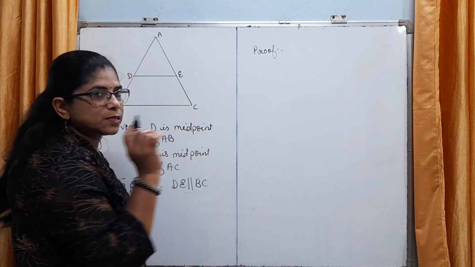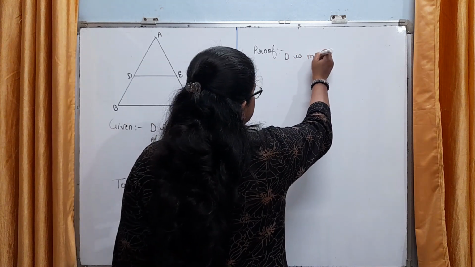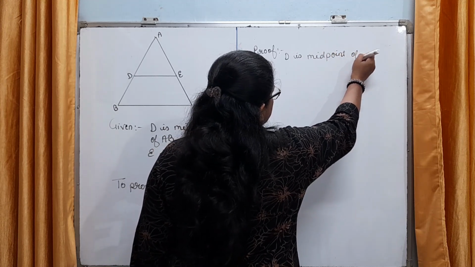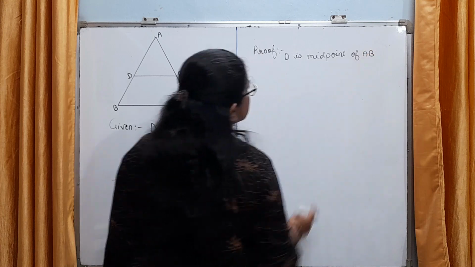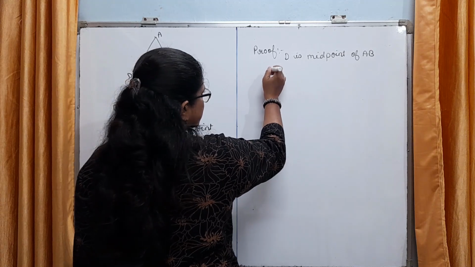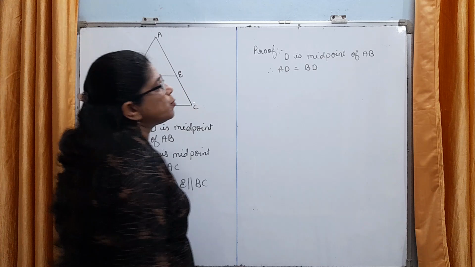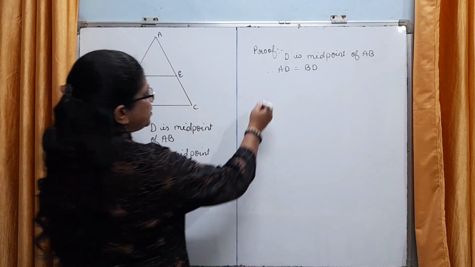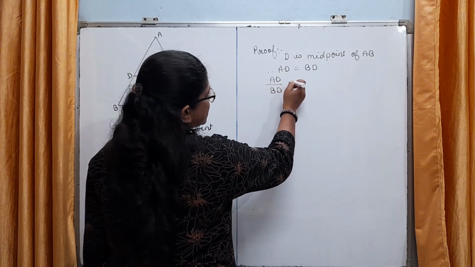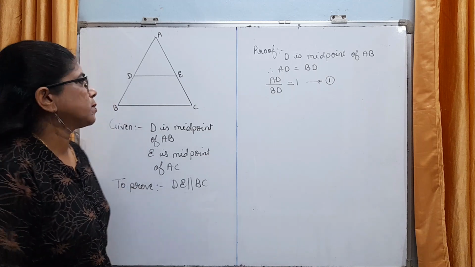Now here D is midpoint of AB. Now if D is midpoint of AB, AD is equal to BD. Therefore, AD is equal to BD, and if AD is equal to BD, AD upon BD is equal to 1. We'll mark this as statement 1.